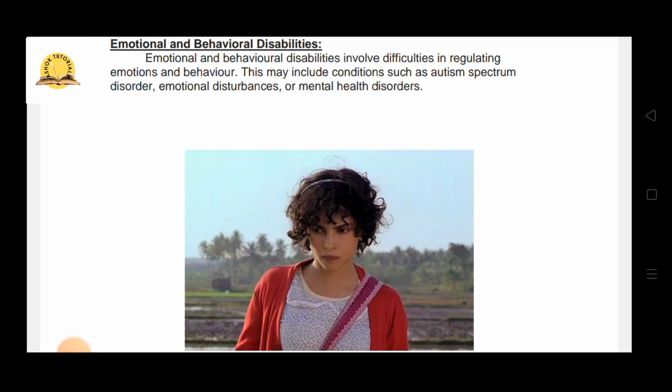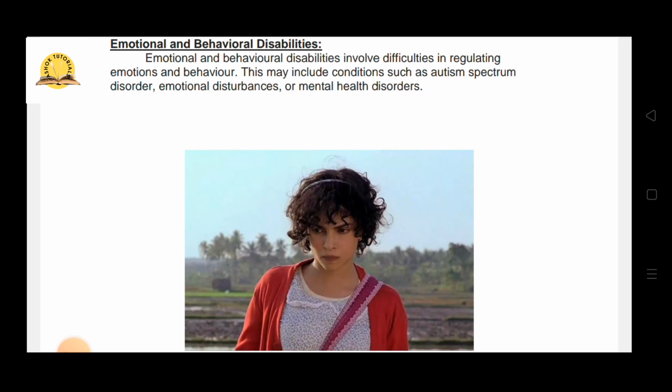So we should be emotionally stable. We should be able to control our anger, especially, as this is the most negative emotion I feel. And then we should be able to control our emotions when we are hurt or when we are sad, right? So these are certain emotions we have to control.